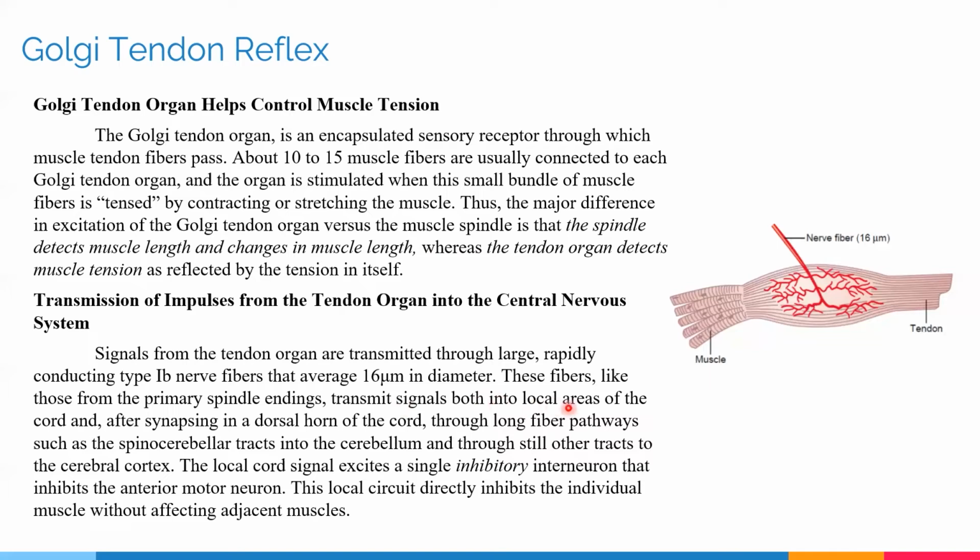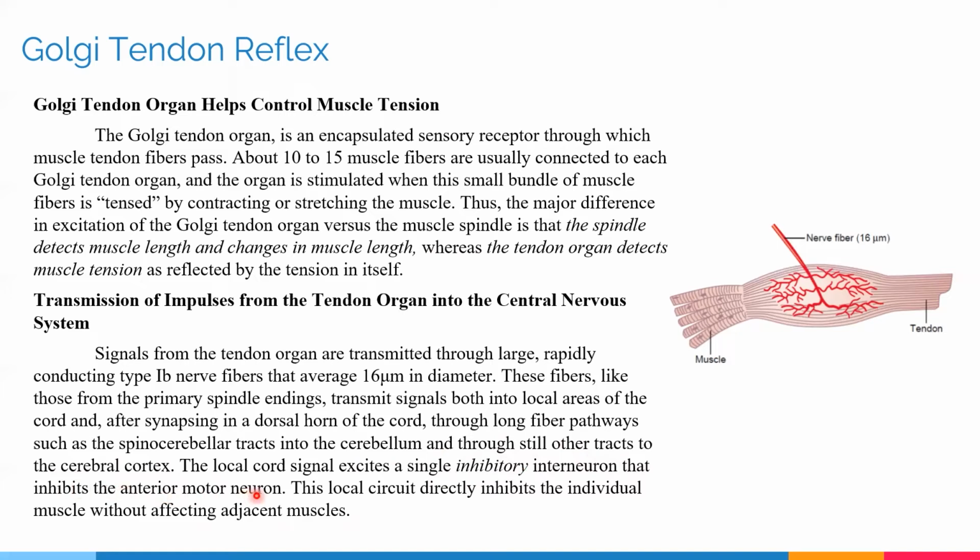These fibers, like those from the primary spindle endings, transmit signals both into local areas of the cord and, after synapsing in the dorsal horn of the cord, through long fiber pathways such as the spinocerebellar tracts into the cerebellum and through still other tracts to the cerebral cortex.